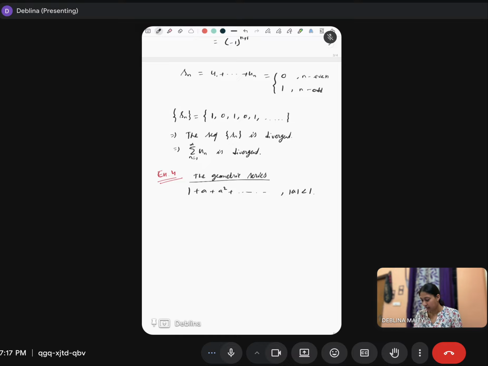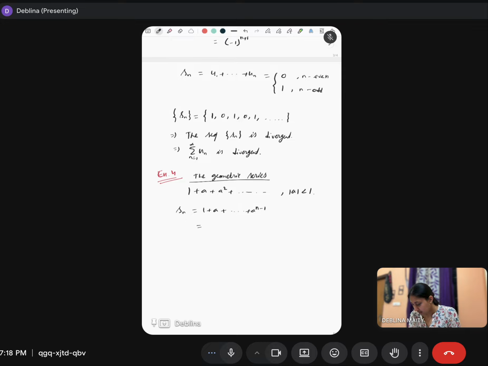Right? So for this series, what is our Sn? Sn is 1 plus a plus so on up to a to the power n minus 1, the first n terms of this series, right? That is Sn, the nth partial sum.